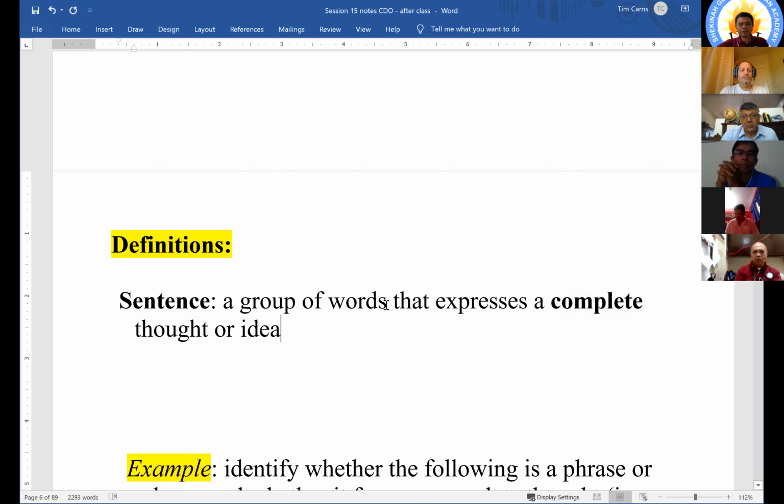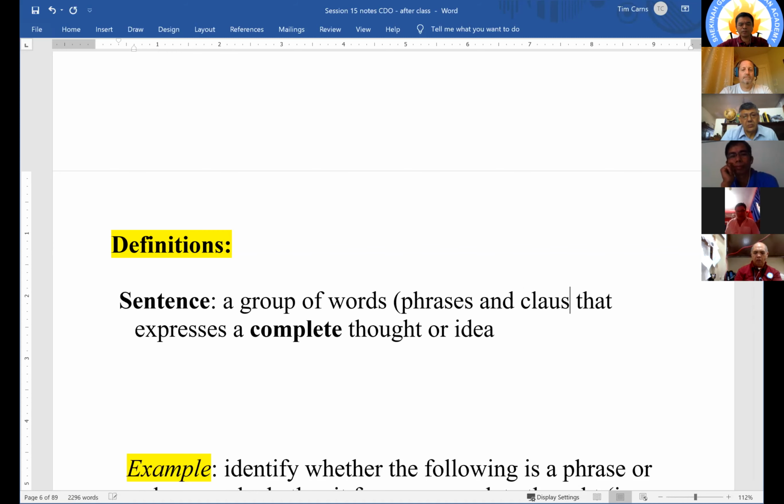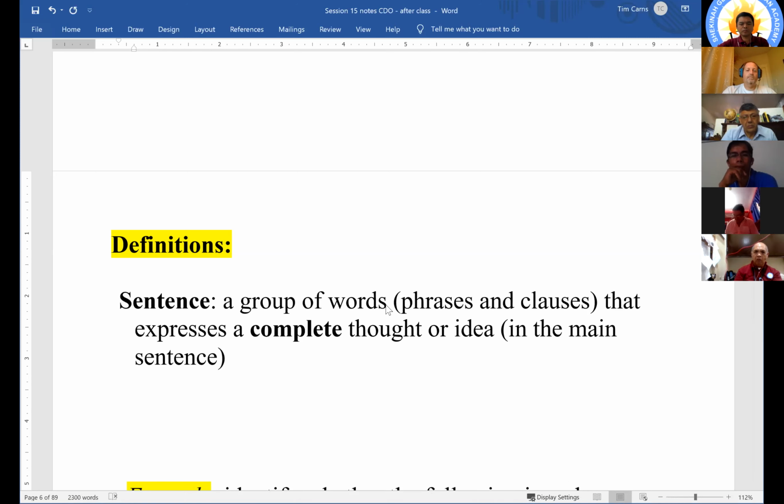It's a group of words, and we might say phrases and clauses, that express a complete thought or idea. It can contain additional phrases or clauses that modify, but there's a central thought that's being expressed, and that thought or idea is expressed in the main sentence. And I'll explain that in a minute.